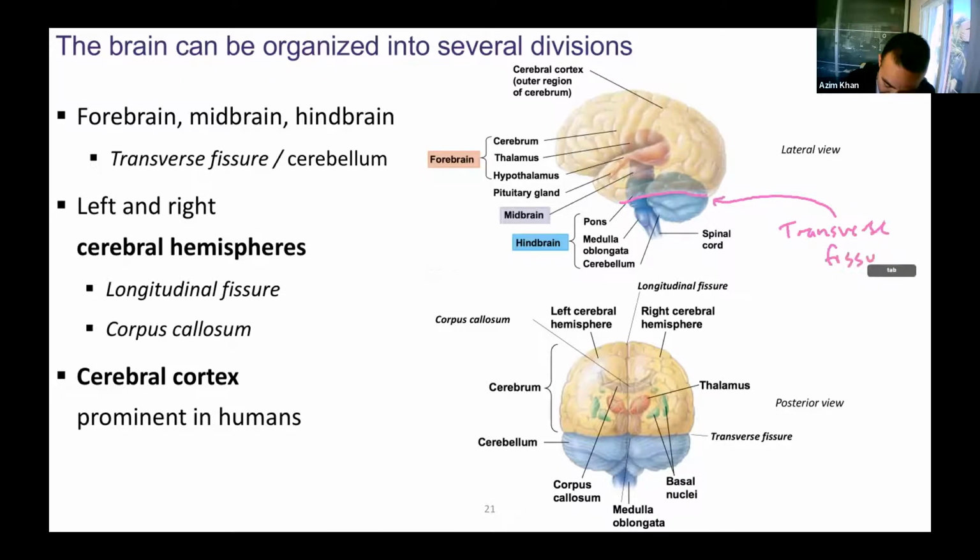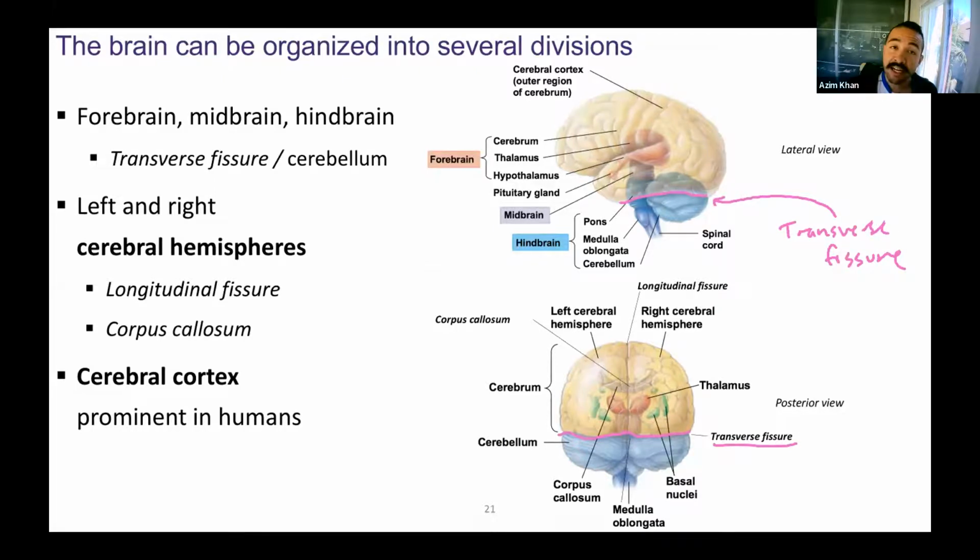You can see it also in this posterior view. The transverse fissure is separating the cerebrum from the cerebellum. Transverse because it's going horizontal. Fissure means a deep crevice.